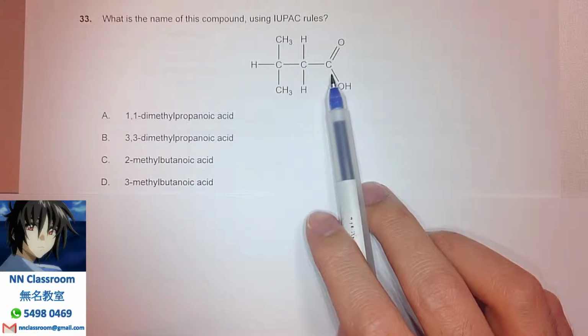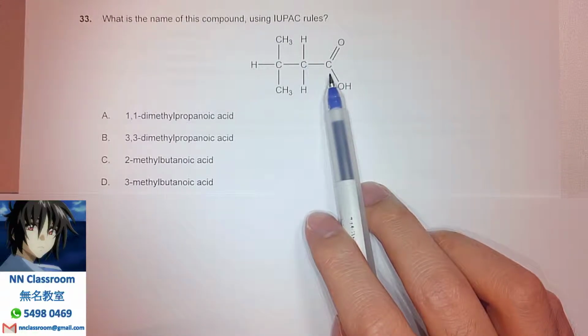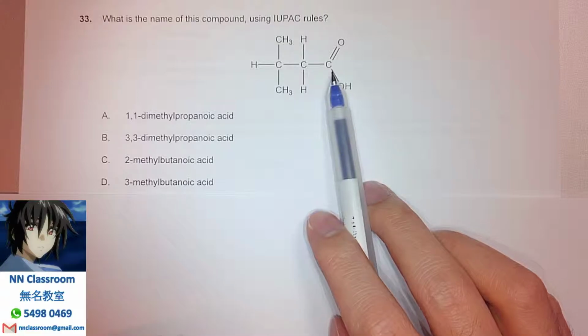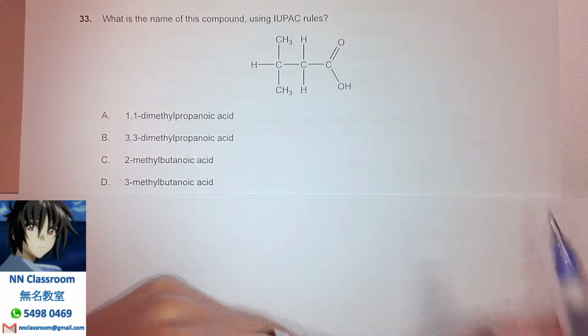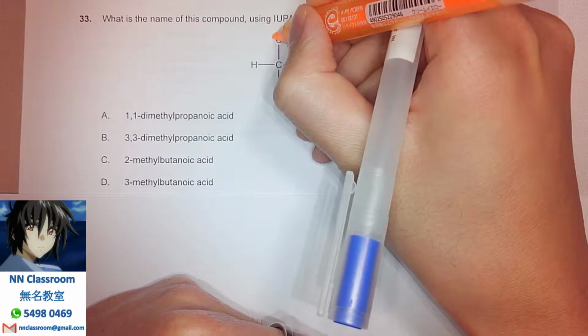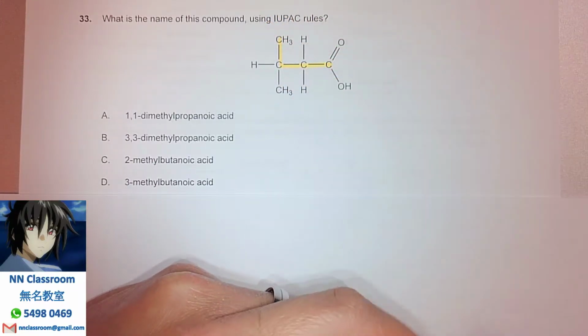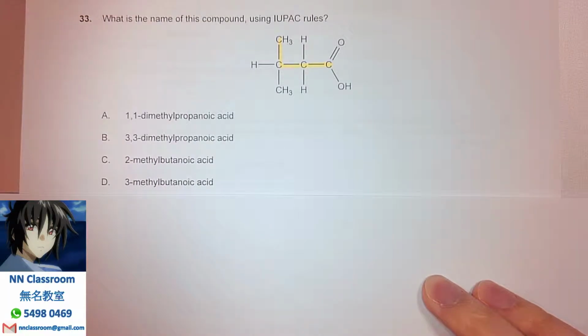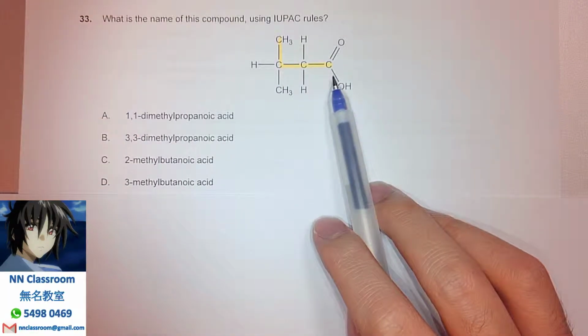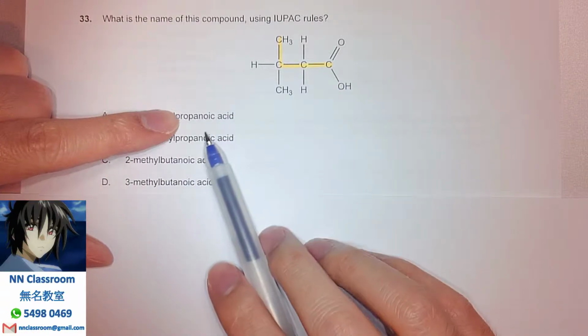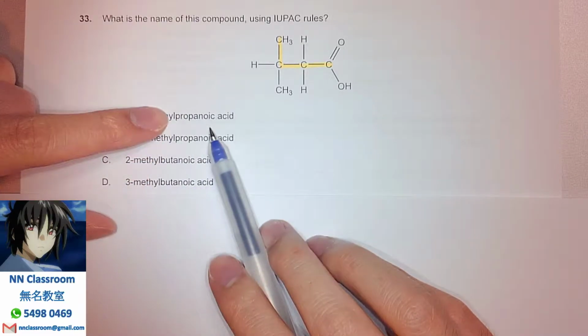In this case, if we look carefully, the longest continuous carbon chain is 1, 2, 3, and 4, so 4 carbons. No matter whether you count the upper side or the lower side, it is still 4. So the base chain is a butane base. The fundamental name should be based on butane but not propane.